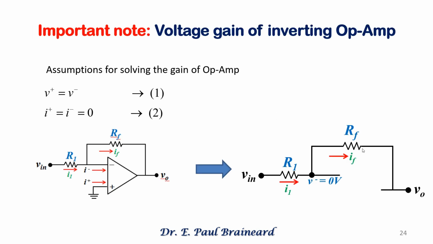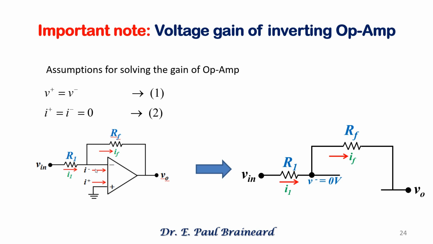In summary, the important thing you need to remember is to use two assumptions for solving op-amp problems. The first one is the virtual ground concept, where the inverting and non-inverting voltages are the same when you are operating the op-amp in the linear region.